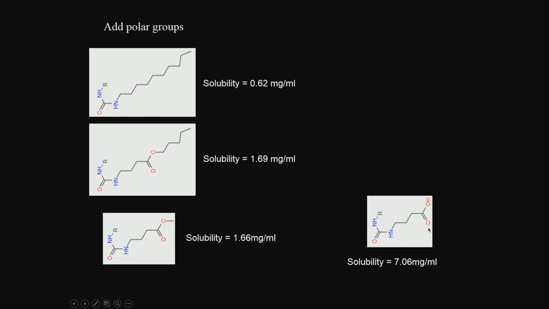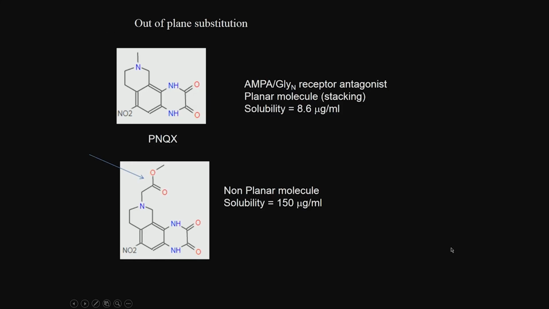Now make an acid out of this, solubility has gone to 7. So, we have almost increased the solubility by 10 times here. Log P here is 2.12, here it is 0.22, because we have removed a lot of CH2 groups which are hydrophobic, that is why log P has gone down. So, log P has gone down, solubility has increased, so we have added more polar groups.